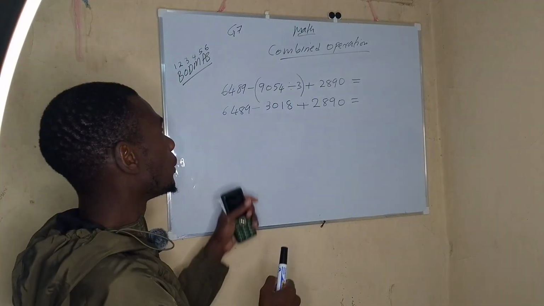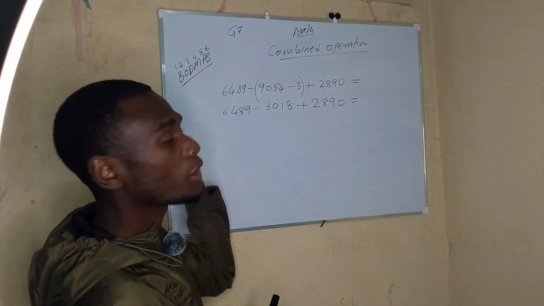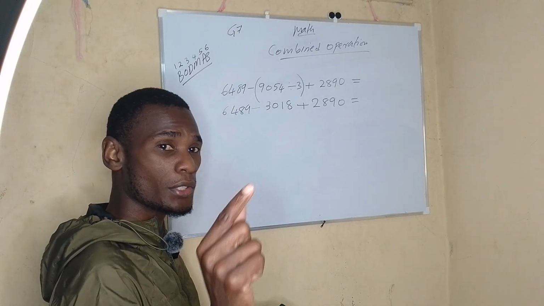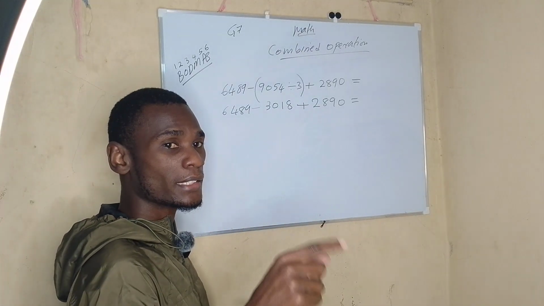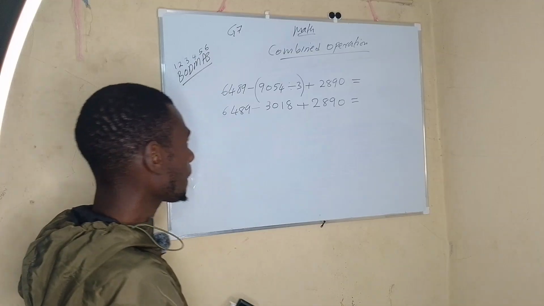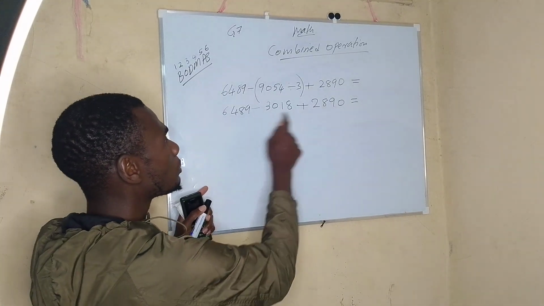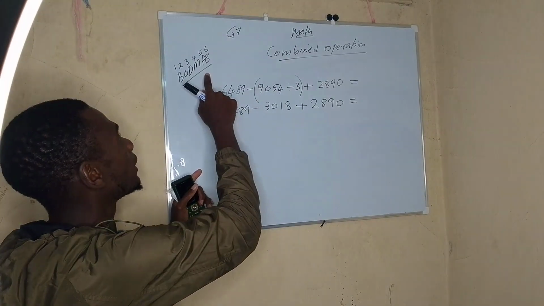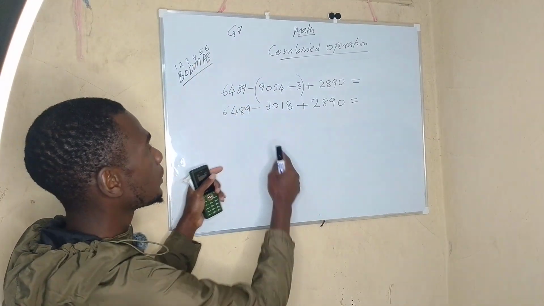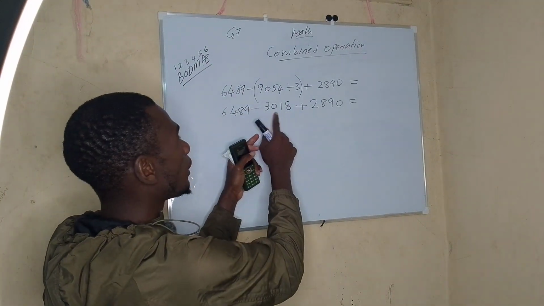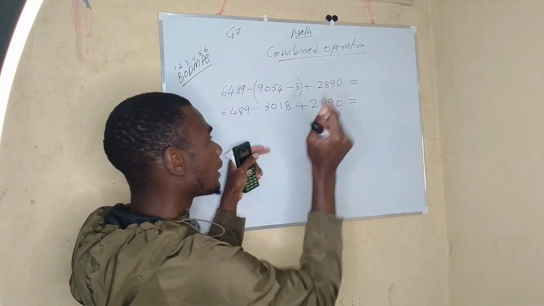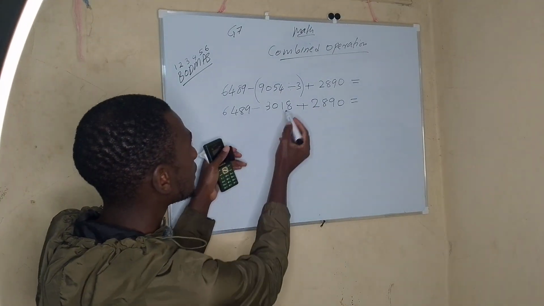If you look at the order of operation, the BODMAS, addition comes before subtraction, but the moment you remain with addition and subtraction, somebody will follow this order and say addition comes first. Then you will say 3,018 plus 2,890. If you do that, remember, this number is being subtracted.